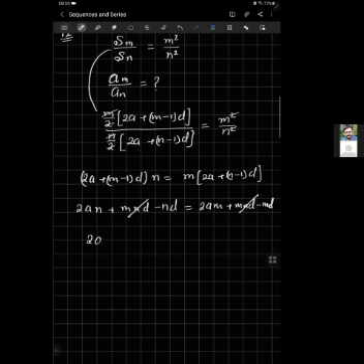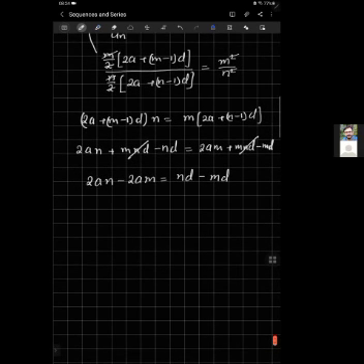Now it becomes 2an minus 2am is equals to nd minus md. I can take 2a common, it will become n minus m. Now d common, n minus m. n minus m to n minus m cancel. So 2a is equals to d.